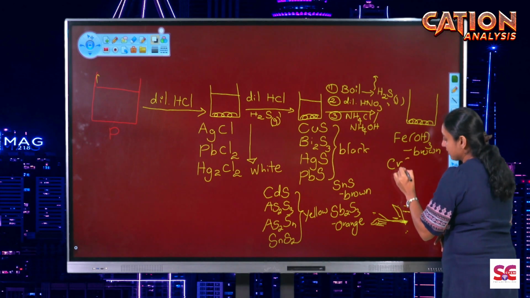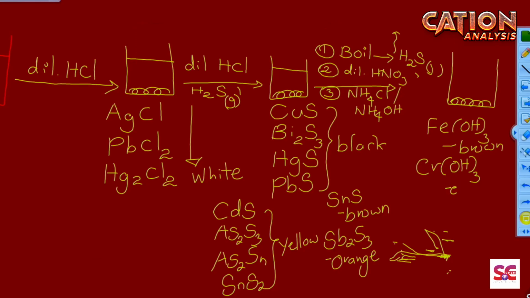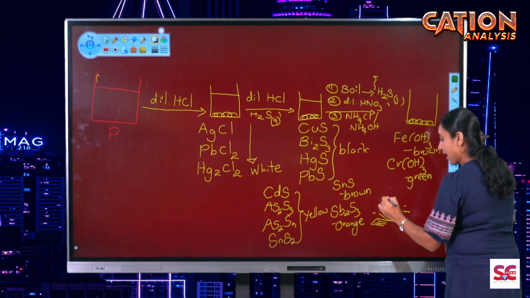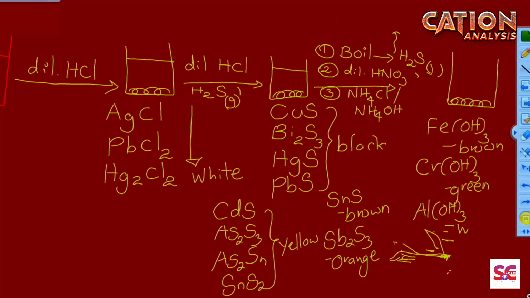Chromium hydroxide, green color, blue green also okay. And last one, aluminium hydroxide. It's an amphoteric hydroxide. It's a white gelatinous precipitate.